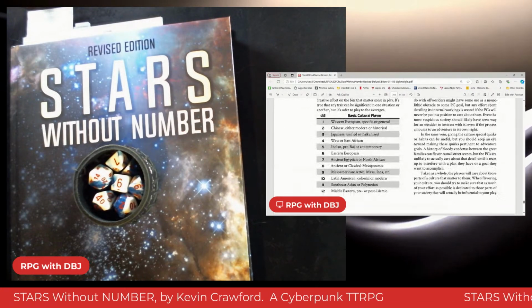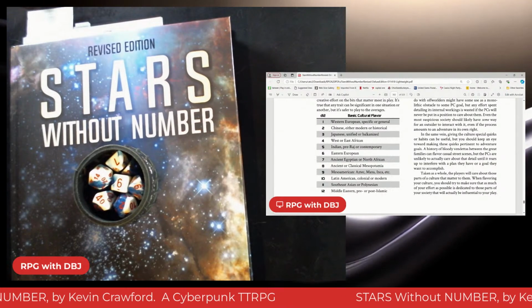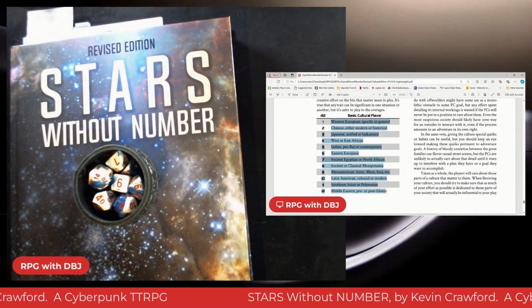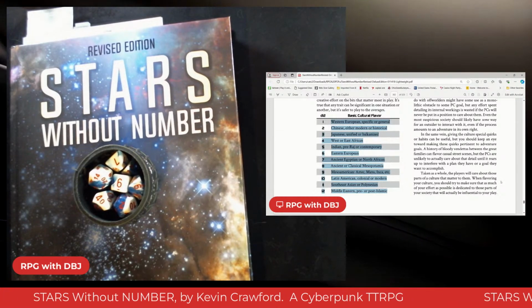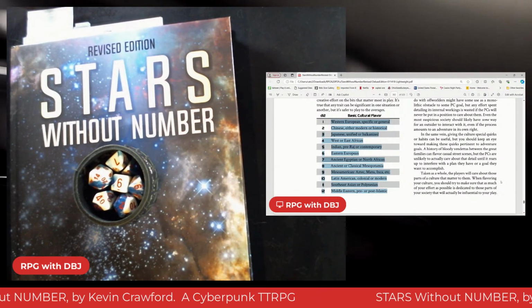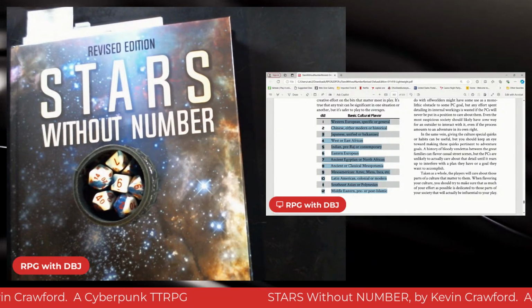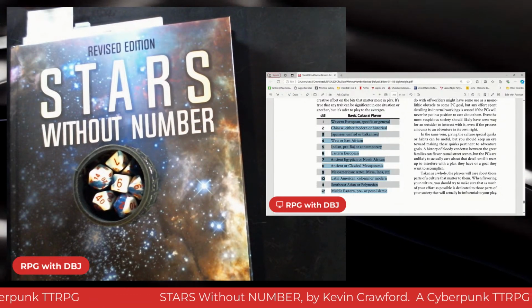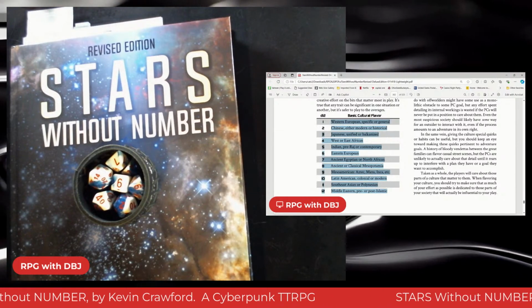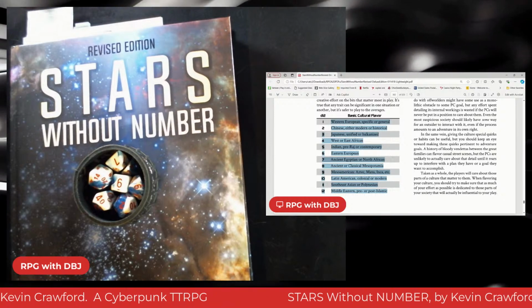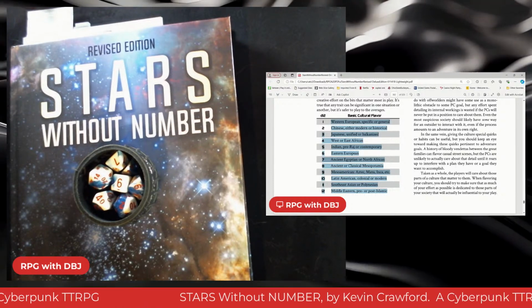Basic cultural flavor. And this is how you can mix in. Here's a D12 list right here, and you can mix in a lot of world cultures, which I really appreciate. Everything from Western European, specific or general, to Japanese, unified or balkanized. Maybe you have Eastern European, Mesoamericans, such as Aztec, Mayan, Inca.